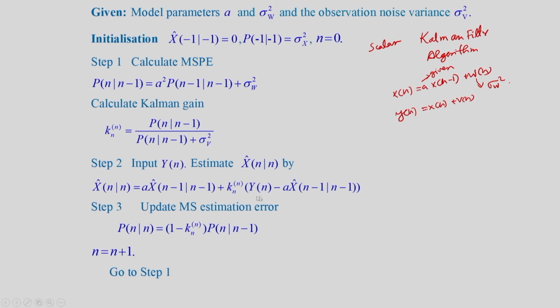So, this is the innovation, which is multiplied by the Kalman gain and added to the predicted value.